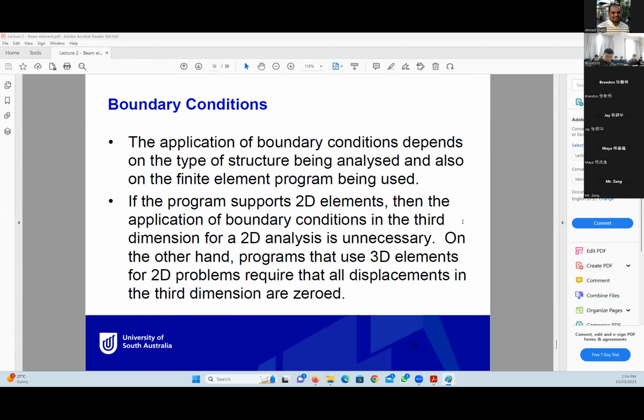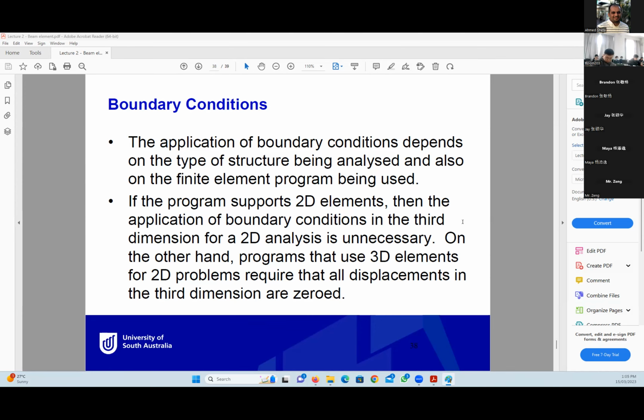The application of boundary conditions depends on the type of structure being analyzed, and also on the finite element program being used. As you see, my boundary condition in the previous explanation depended on a 2D beam element, including the axial effect. But if it is a 2D beam element excluding the axial effect, it will be different because the degrees of freedom will be only 2.